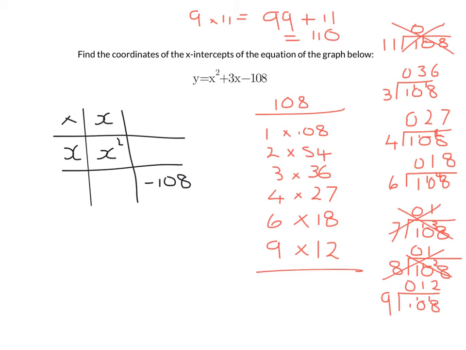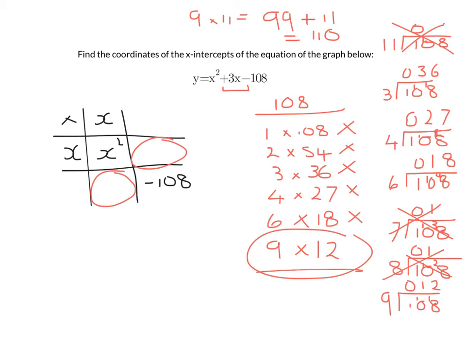That's when I have to decide, right, well, I know that these numbers here are going to add to give this 3x in the middle. So which of these pairs either add or subtract to give 3? That doesn't. Nope, nope, nope. 12 and 9, 12 take away 9 would be 3.